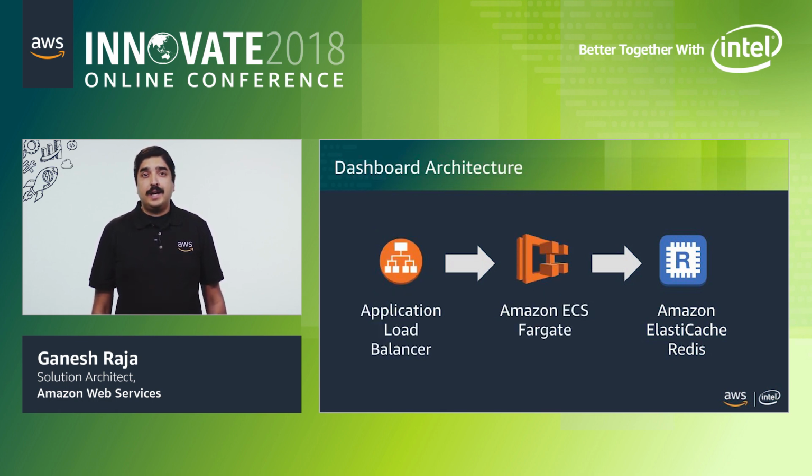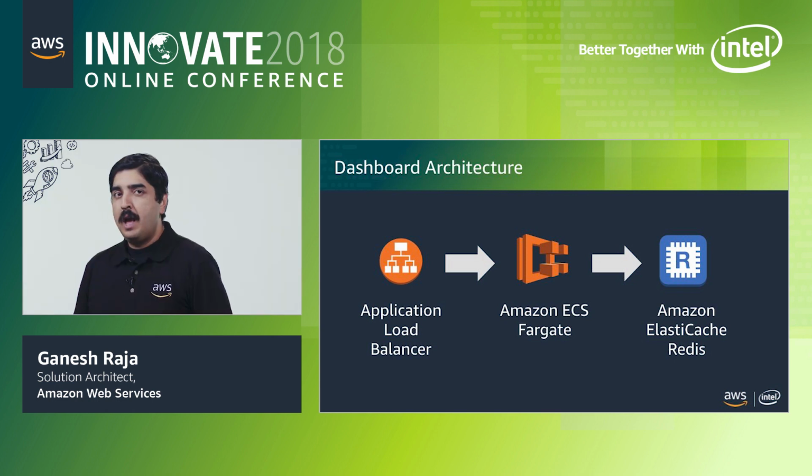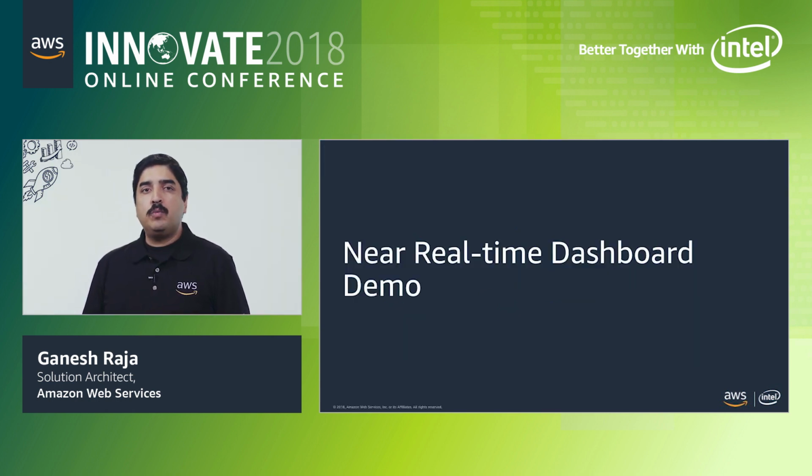We use a Dockerized application running on AWS Fargate, which would serve the dashboard. This application connects to Redis Cluster and reads the data and displays a dashboard. The website uses a socket connection to the Docker application and provides updates in real time to the dashboard. Let us look at this demo to see what is powering this dashboard.